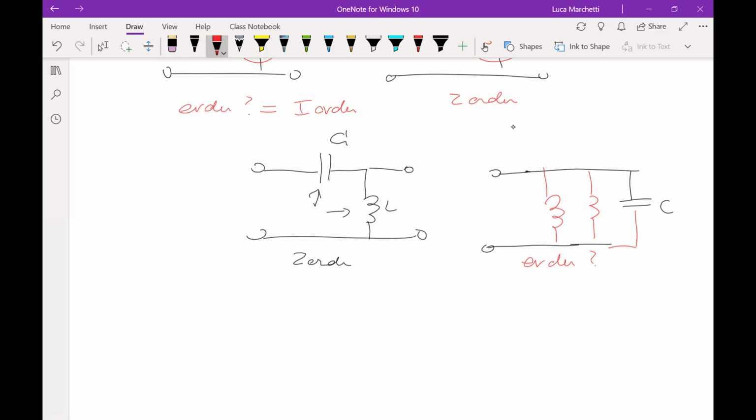So what happens here is that this is actually a particular kind of circuit called an LC circuit, which some people call an oscillator, and this circuit is also called a resonator because it resonates at a certain frequency. I did not go into detail, but I'm sure that you have done it in LELC.